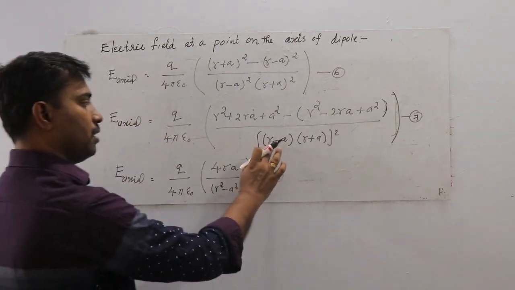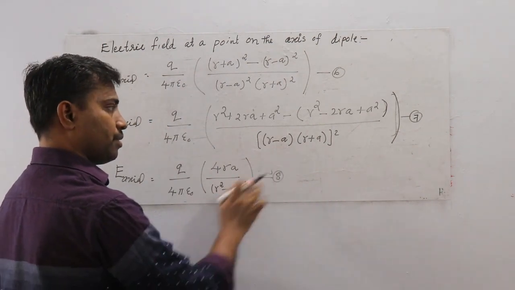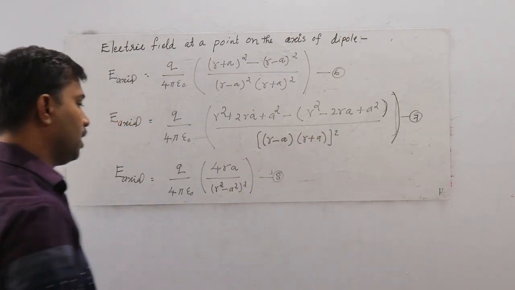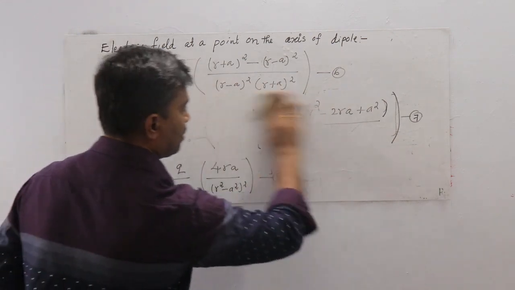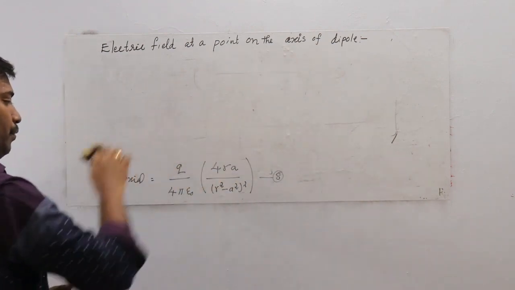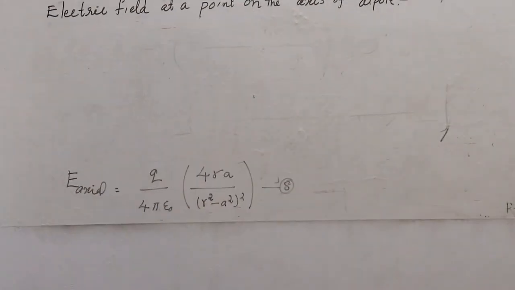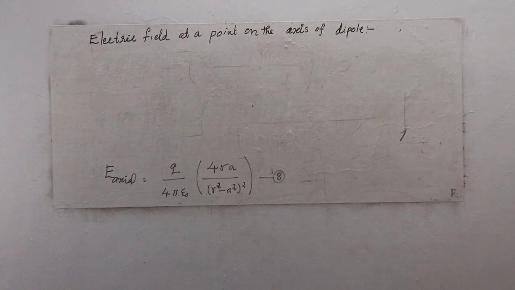The denominator, this is (A plus B) into (A minus B), so it becomes (R square minus A square) whole square. So we get equation number 6. So we got E axial equal to Q by 4 pi epsilon 0, 4RA divided by (R square minus A square) whole square.